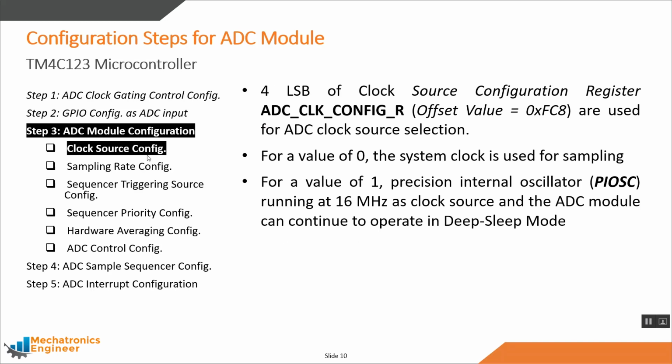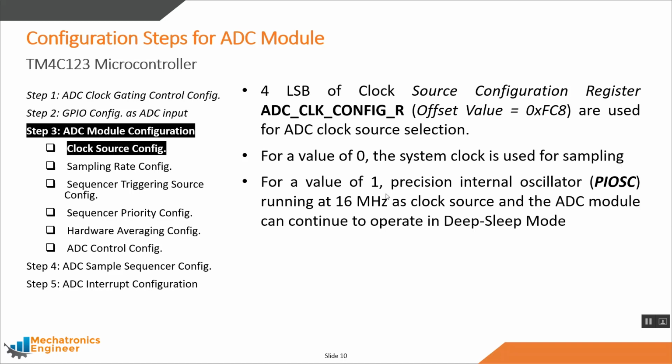Clock source configuration. In this configuration, the ADC clock source is selected. It is done by using the clock source configuration register that has an offset value of hex FC8. If you write the value 0 to its last 4 significant bits, the system clock will be used for the sampling of the analog input channel.